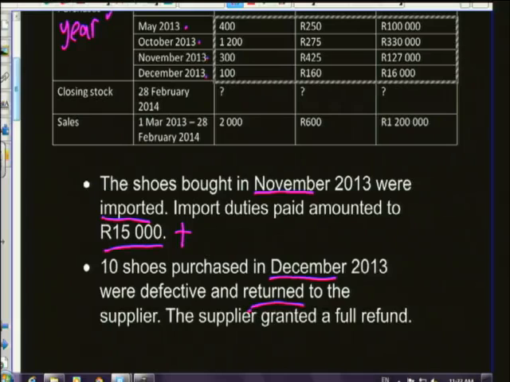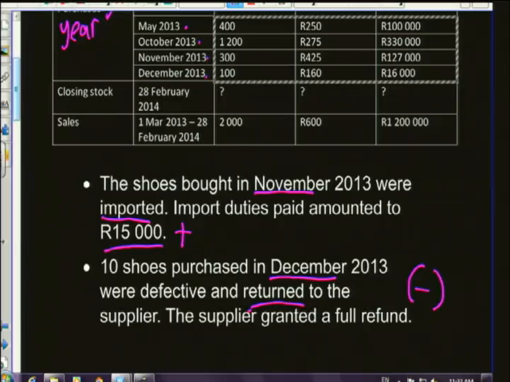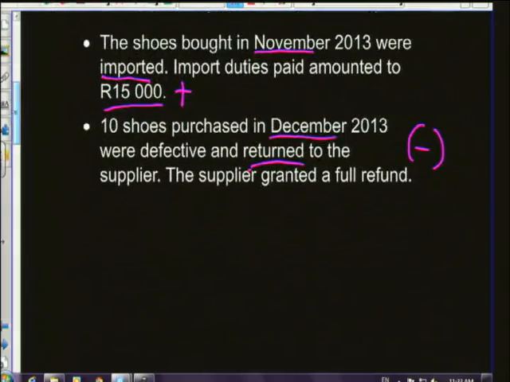The moment the business returns stock, what's going to happen to the amount of stock that they have on hand? Yes, it's going to decrease. I'm going to put a minus sign next to this bit of information. Okay, right, not much for me to read further because that's it as far as the info is concerned. So we're now ready to start with our very first question. So let's go for it.